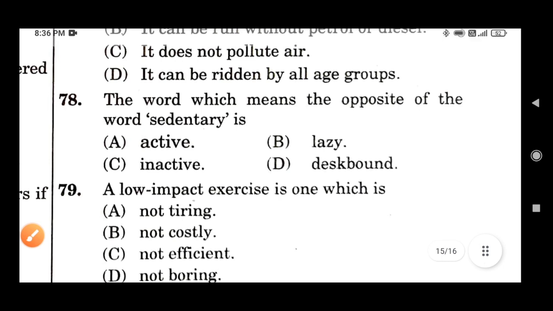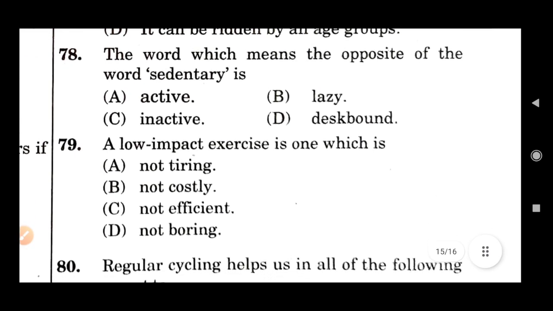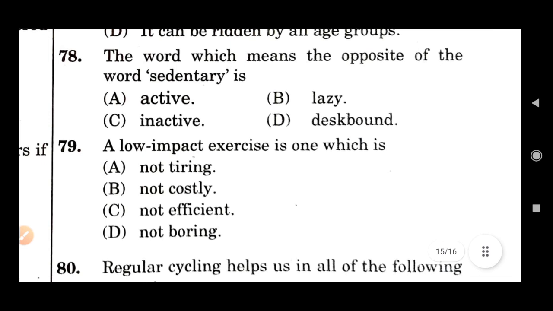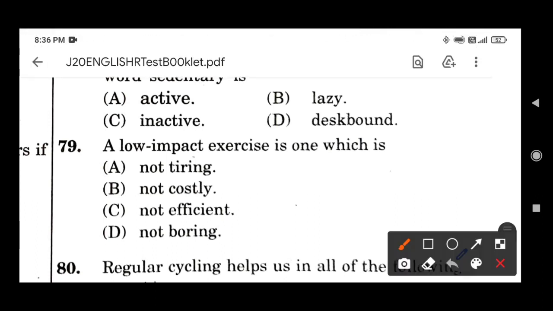And next question, the word which means the opposite of the word sedentary. Yes, friends, do you remember? I underlined the word sedentary. So here the word sedentary means inactive, and the opposite is active. We need to identify the answer A, active.